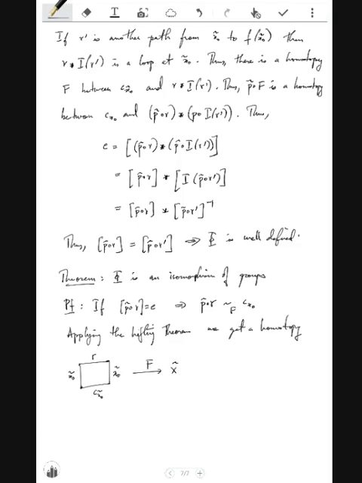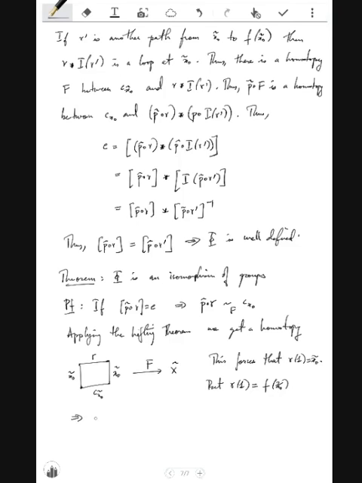So this forces that gamma of 1 is equal to x naught tilde. But gamma of 1 is, by definition, we had chosen gamma to be a path from x naught tilde to f of x naught tilde.